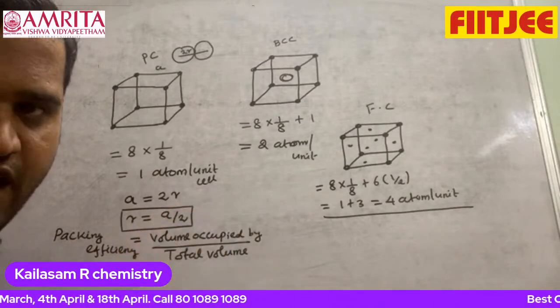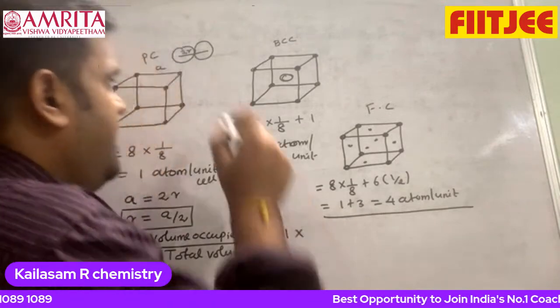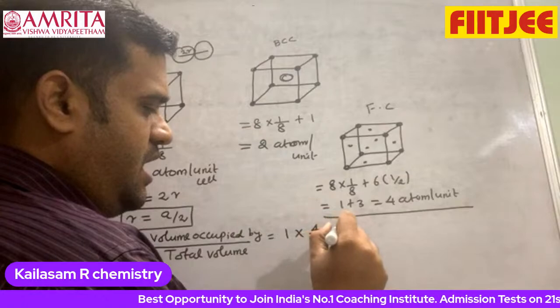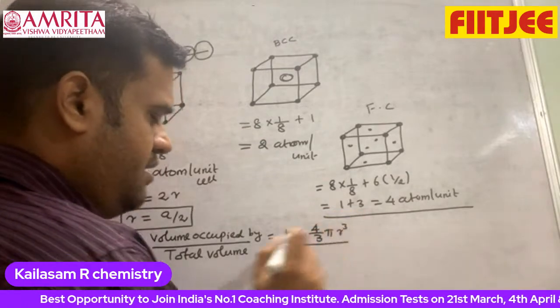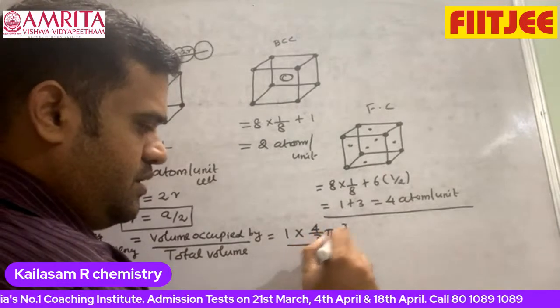One atom in a primitive cell, so the volume is 4 by 3 pi r cube, divided by the total volume, which is a cube.